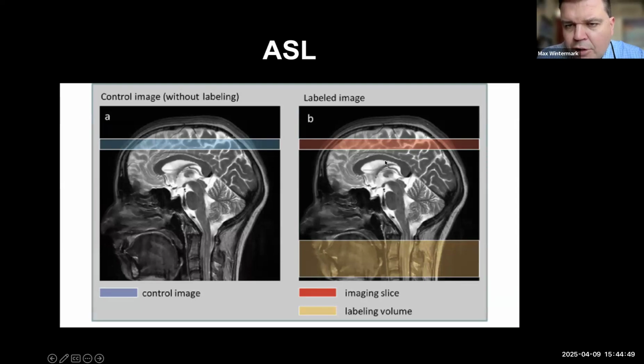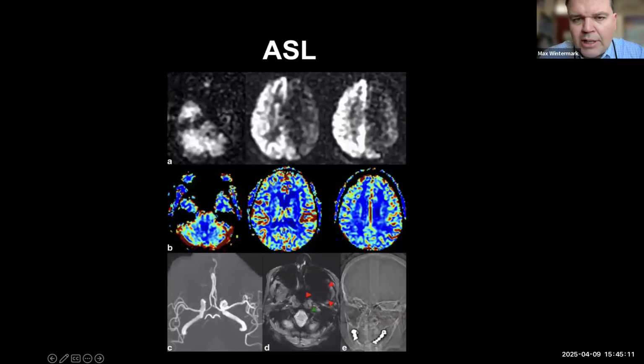And then after a certain time interval, you take another snapshot of the brain. By performing a subtraction and applying a mathematical model, you are able to extract cerebral blood flow information from the difference between the labeled image and the control image.